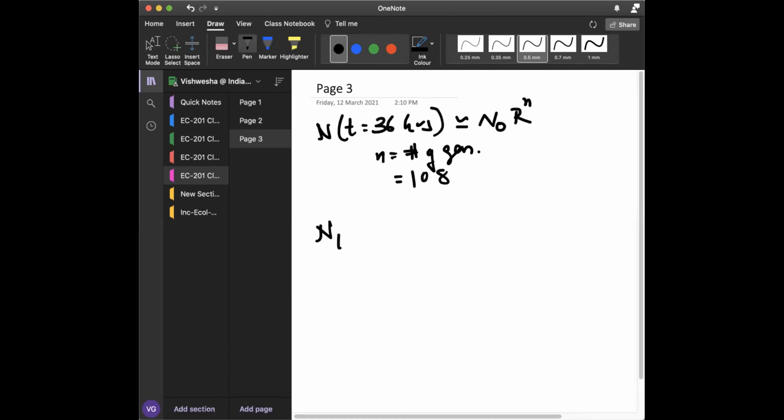So N at time T in this case will be N0 times 2 power 108, right? So that's a pretty large number.